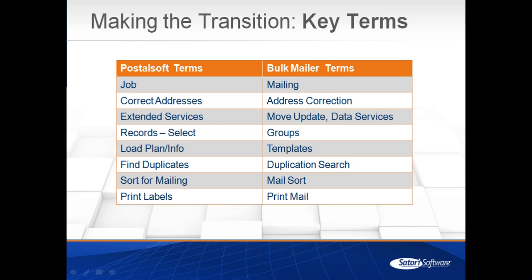We don't like to recreate the wheel whenever possible. Find duplicates is also referred to as duplication search in bulk mailer, and also merge purge for some of you out there. Sort for mailing is referred to as mail sort, and lastly print labels is referred to as print mail in bulk mailer.